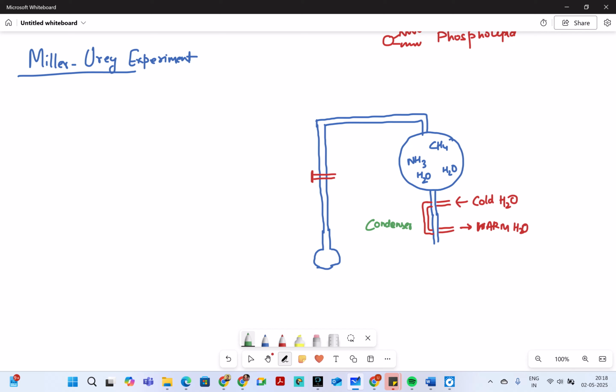This is condenser. This is your primitive atmosphere. Fine. And there is a heat source. So this is a heat source.